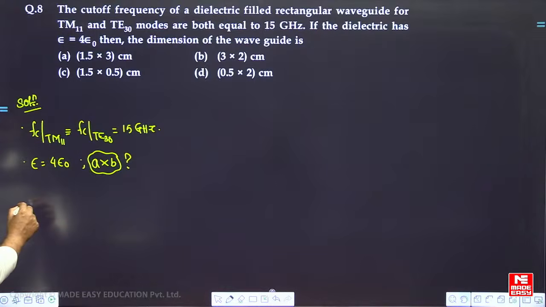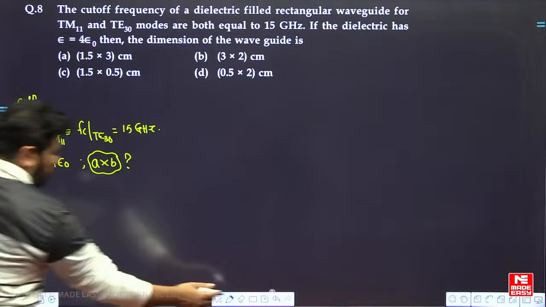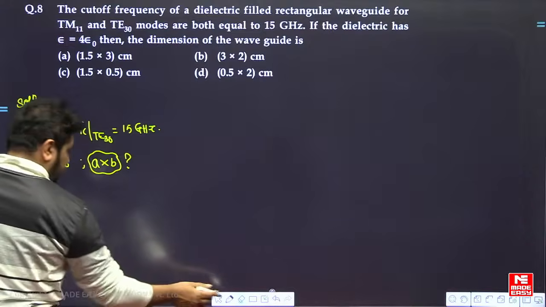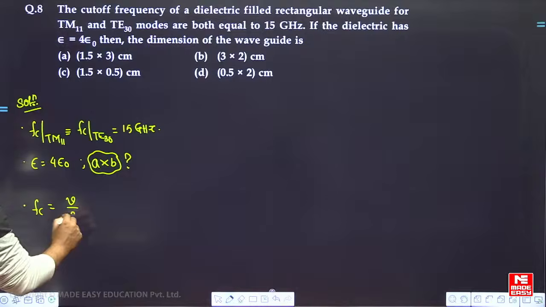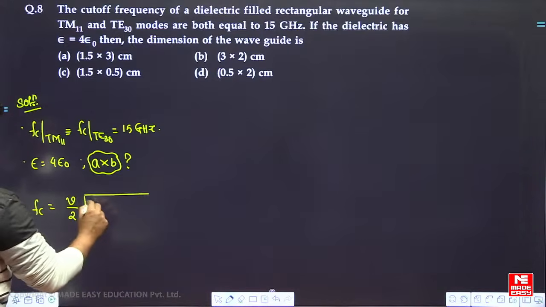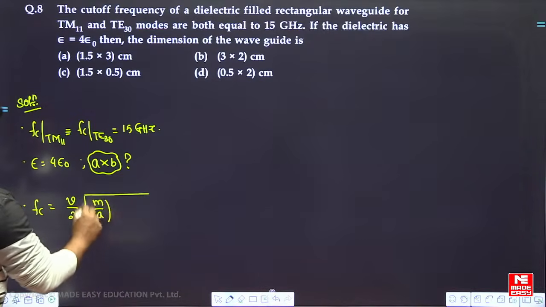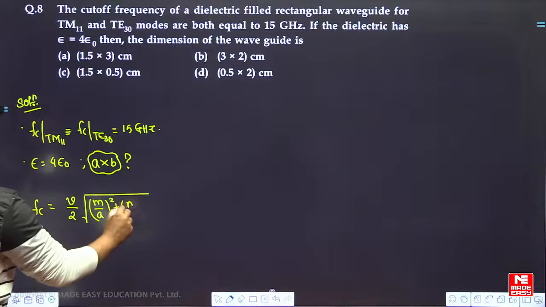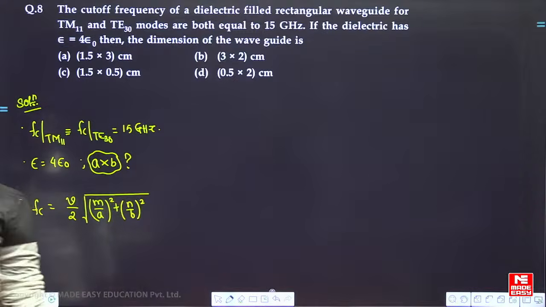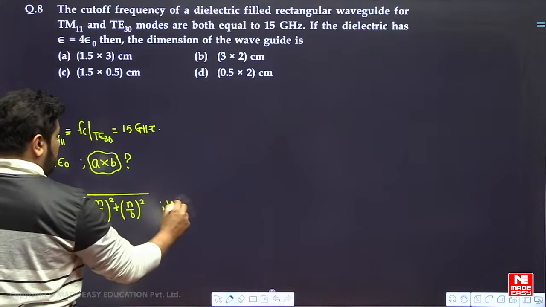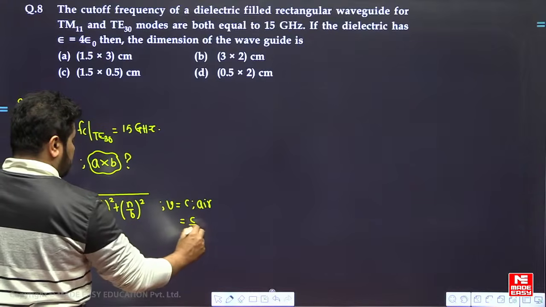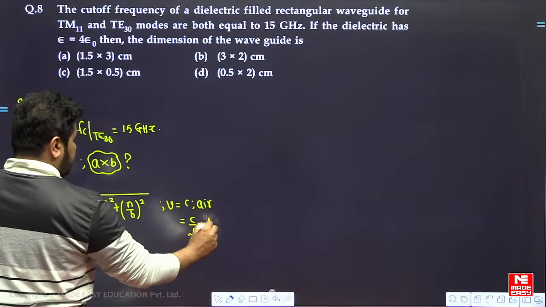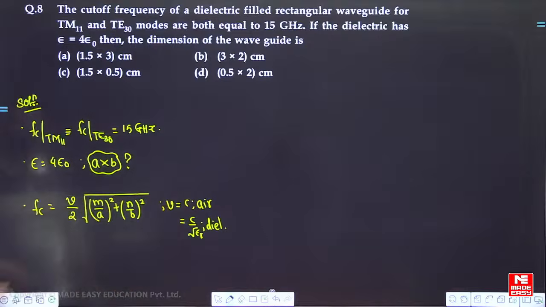Now we know the cutoff frequency formula is given as V upon 2 root under (M upon A) whole square plus (N upon B) whole square, where V is equal to C if it is air filled, and this will become C upon root under epsilon R if it is a lossless dielectric, isn't it?